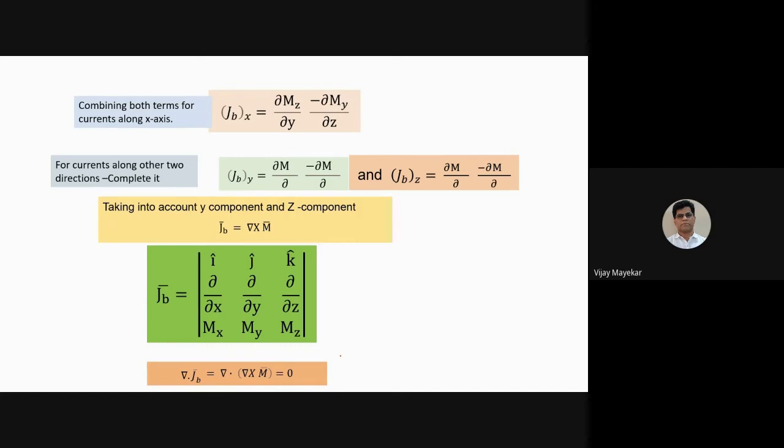So we write total JBX. You can check that. That minus sign should have been in the middle, so you can place a plus sign here. So check it out here.